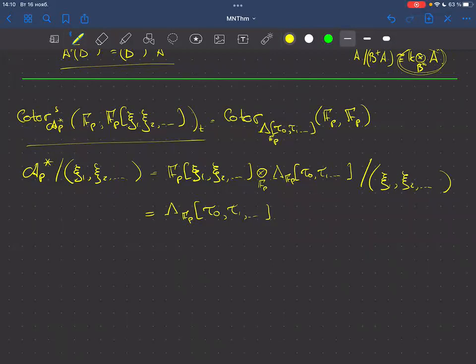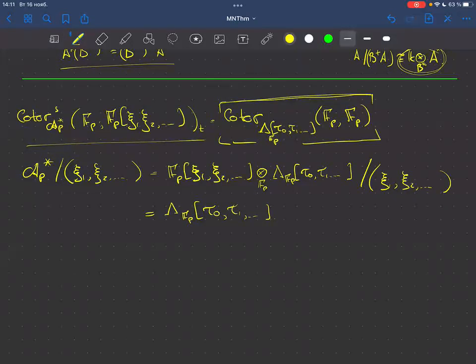So let's try to move on. Now we have this guy. So the idea: we have reduced our problem to the computation of such Cotor.